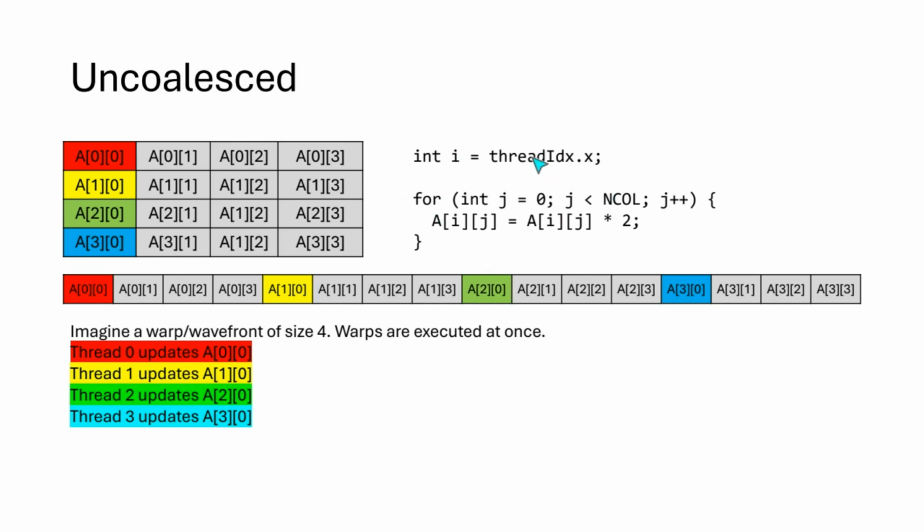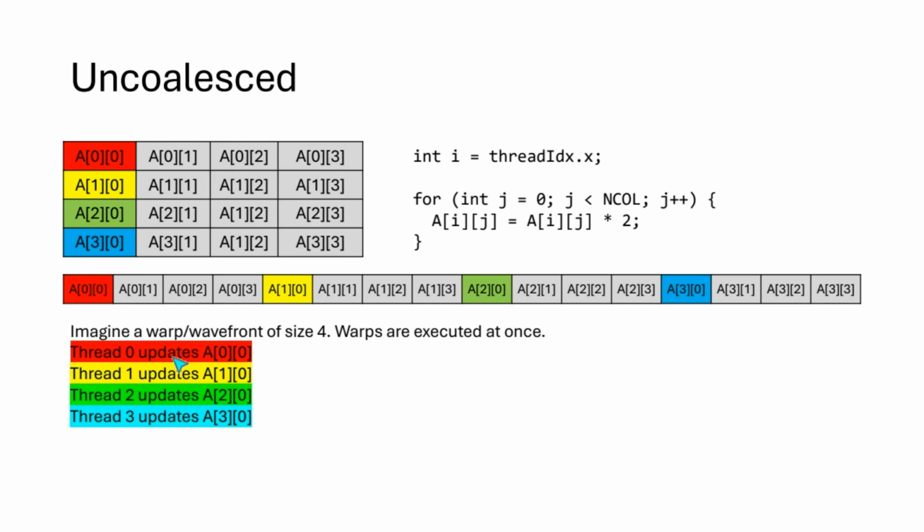This for loop makes sense for a CPU, for pthreads, OpenMP, etc. But when we execute that on the GPU, in the first cycle the first warp will get access to the positions 0,0, 1,0, 2,0, 3,0, because the threads on the X axis will be executed in parallel. I'm not sure if that makes sense or not.